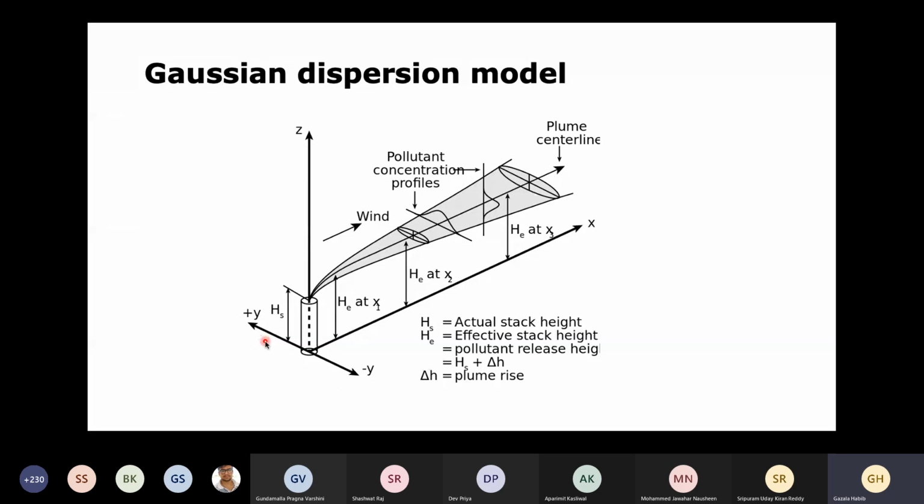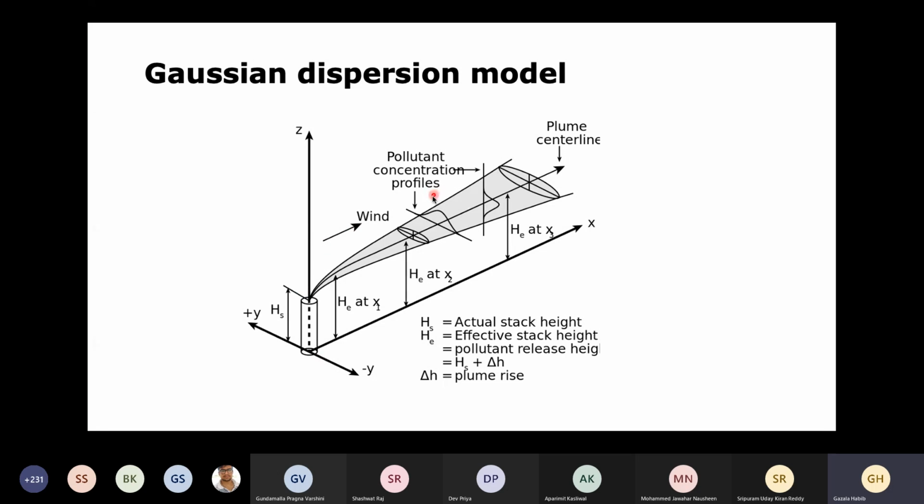So this is how the plume looks, and I have already explained HS and HE. HS is the stack height, HE is the effective height, which includes the stack height plus plume rise. Then this is the x direction, y direction, and z direction.